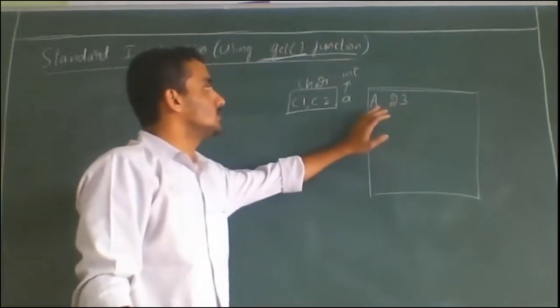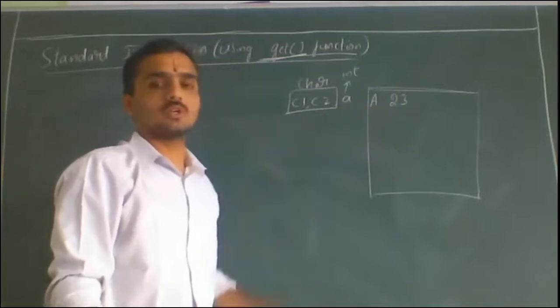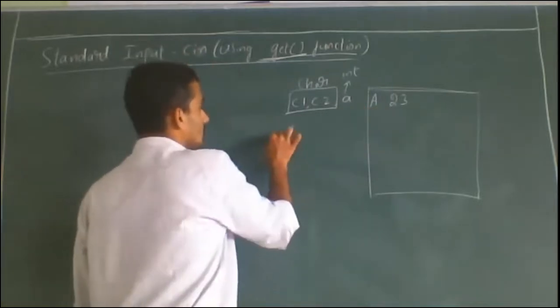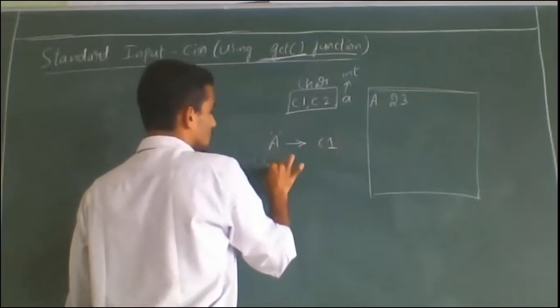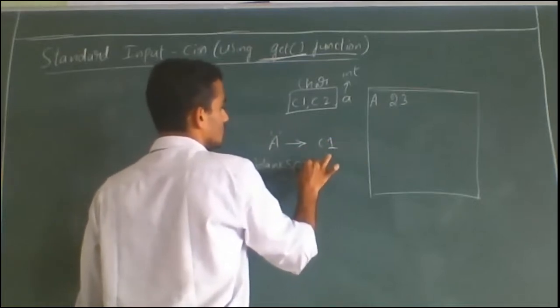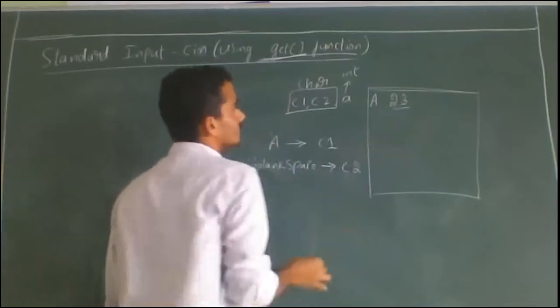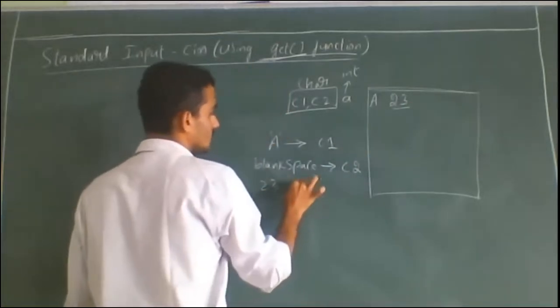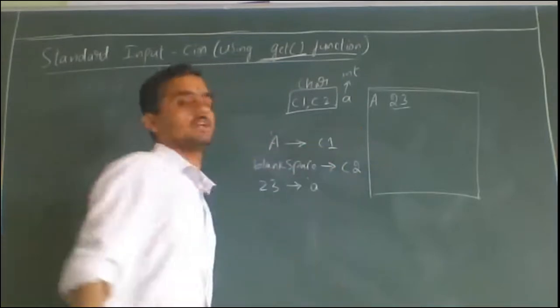Now how we want the values to be stored in variables is like A should be stored in C1. Blank space should also be considered, so blank space should be stored in C2. Remaining thing 23 should be stored in variable A.